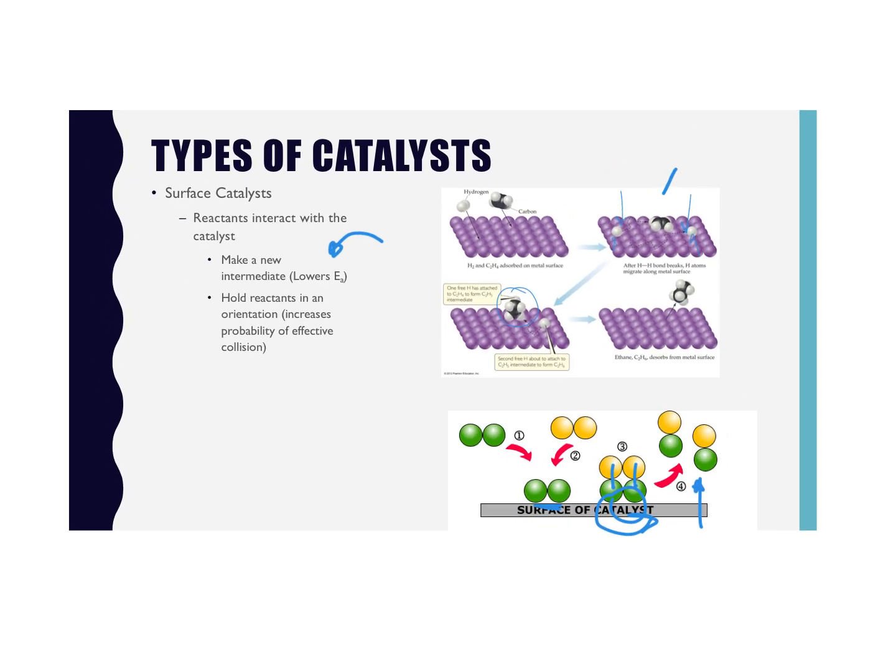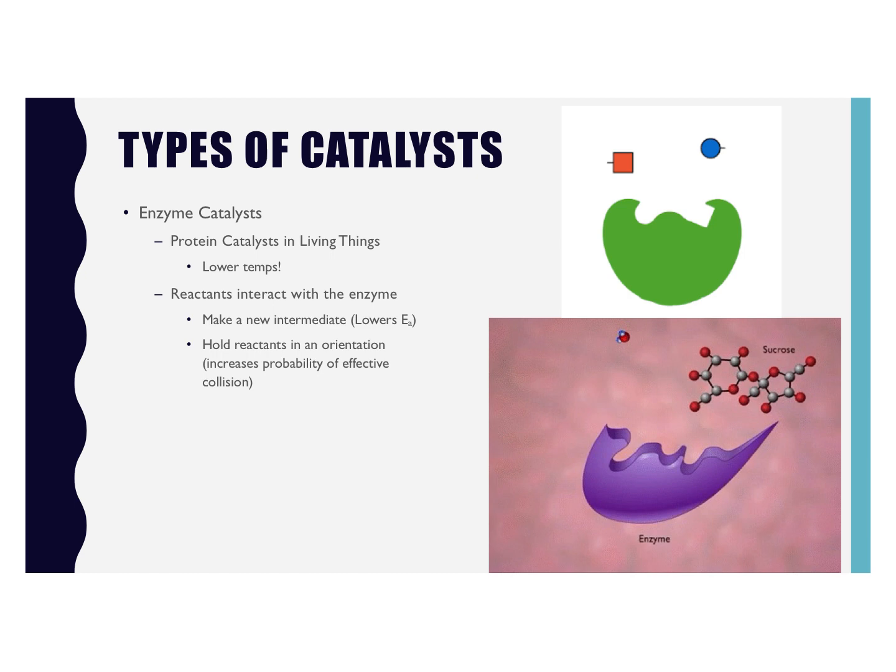A second type of catalysts are called enzyme catalysts. Enzyme catalysts are the protein catalysts in living things. This allows us to do things like combustion in our bodies at much lower temperatures that aren't requiring fire or heat, because that, of course, would kill us. And so we want to be able to do these reactions at lower temperatures like body temperature.